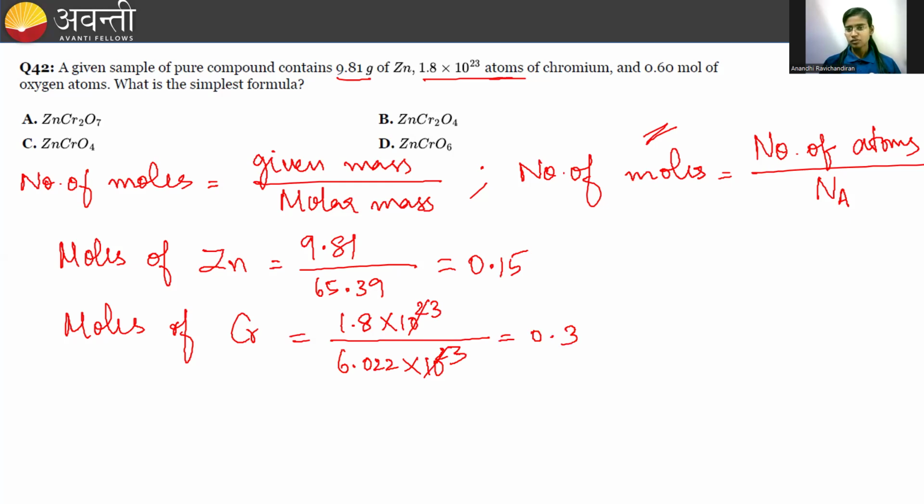Next, coming to the number of moles of oxygen, it's already given as 0.6 mole of oxygen atoms.